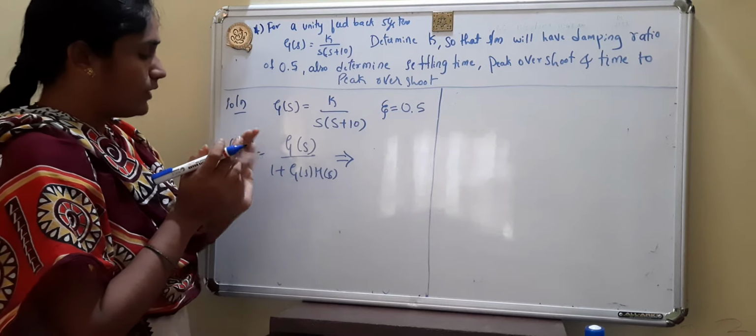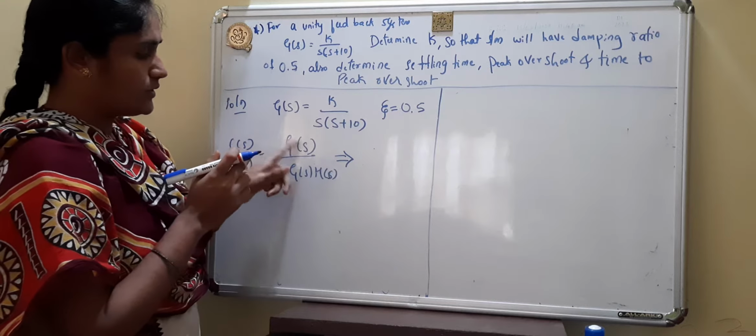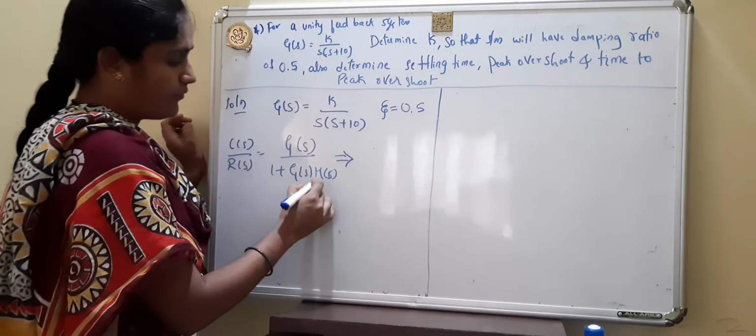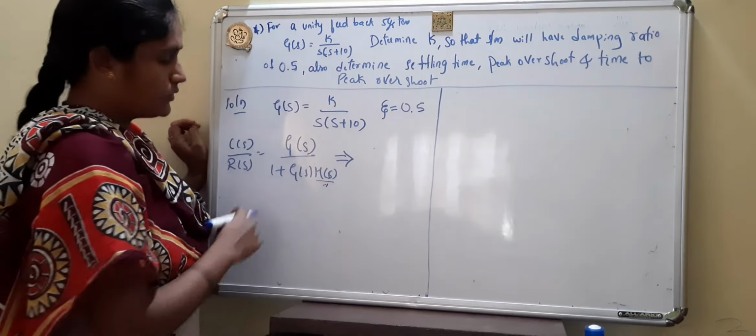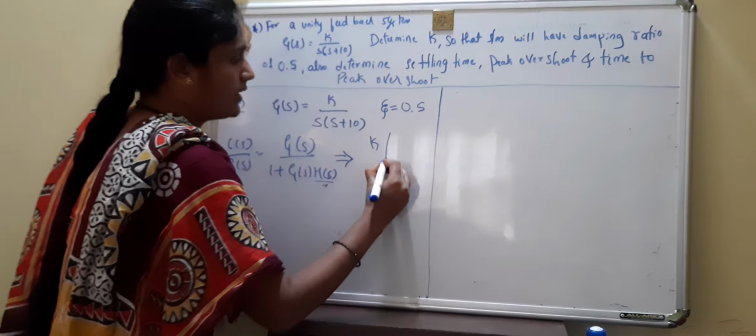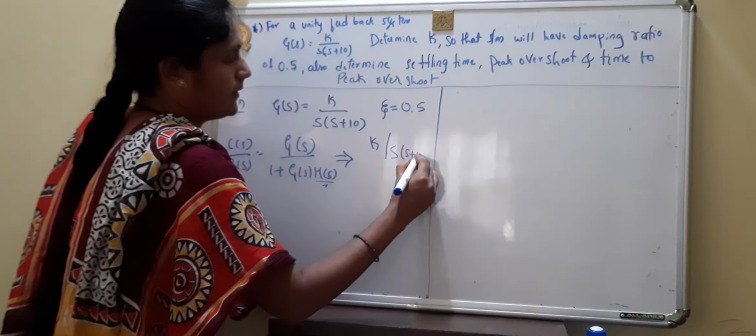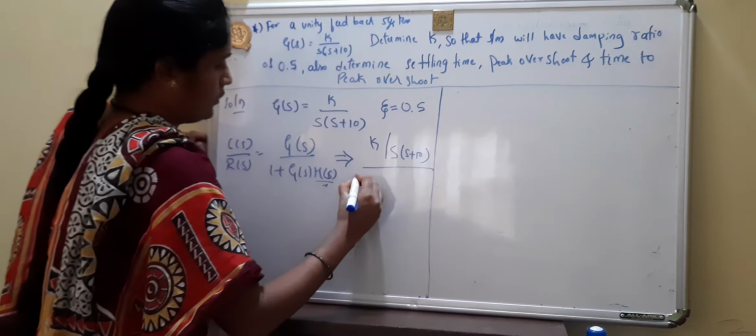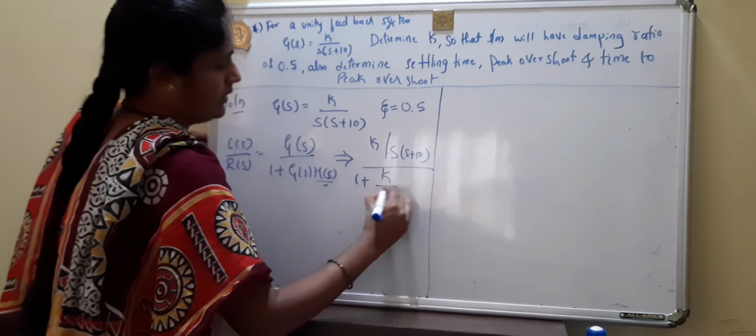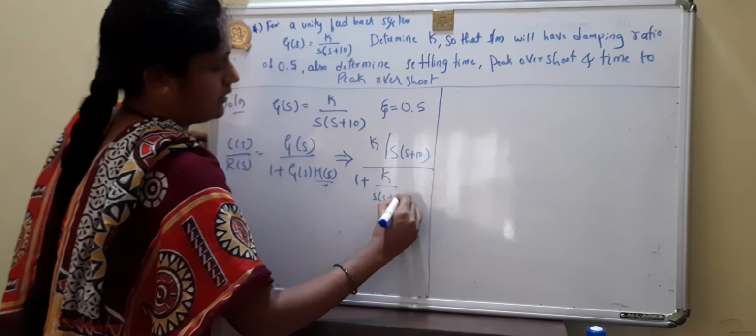So we have C by R, G of s divided by 1 plus G of s, where G of s is K divided by s into s plus 10, divided by 1 plus K divided by s into s plus 10 into 1.